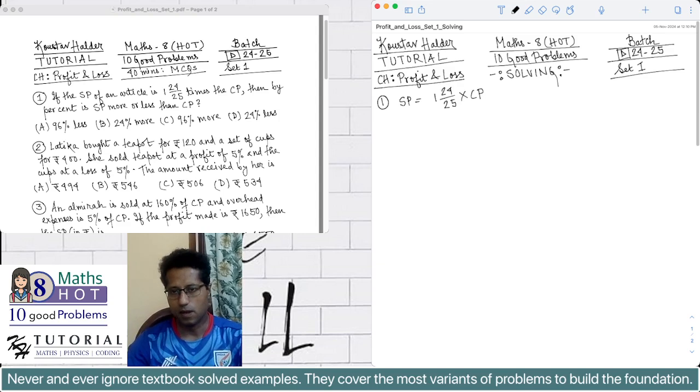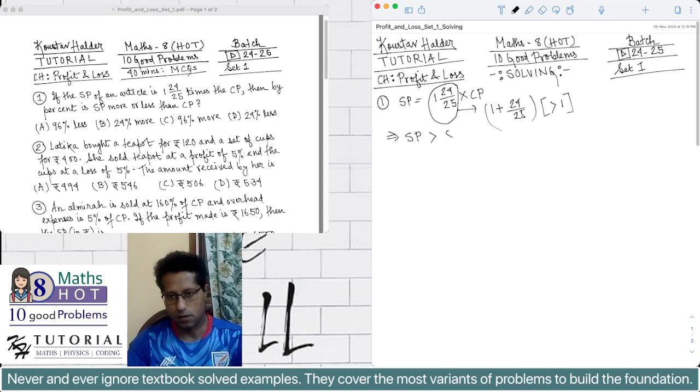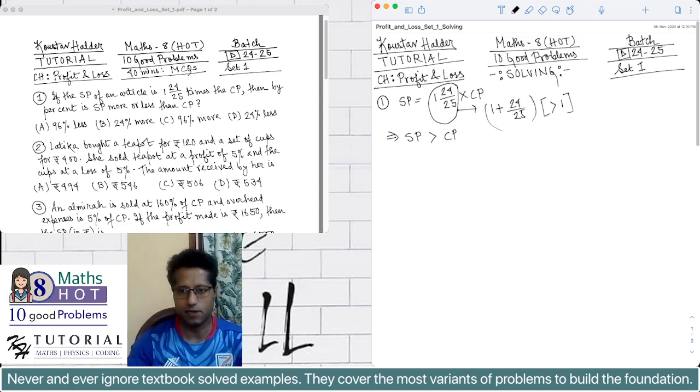This is given, and you know that 1 and 24 by 25 is greater than 1, because this is a mixed fraction, and its value when written in the expanded form is 1 plus 24 by 25, and this is definitely greater than 1. So we can clearly see that SP is greater than CP. That is, the selling price is greater than the cost price.